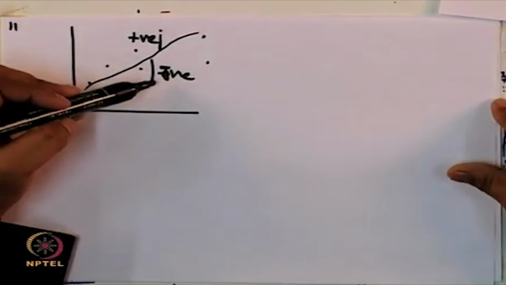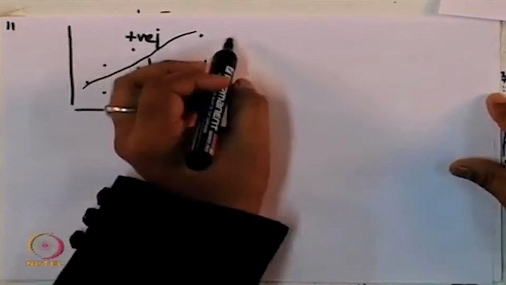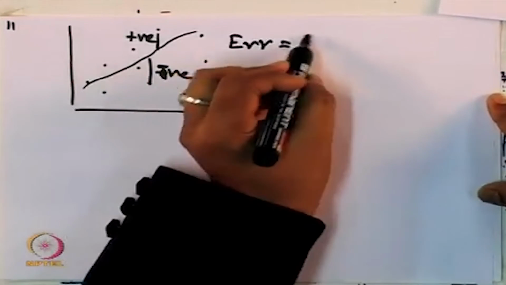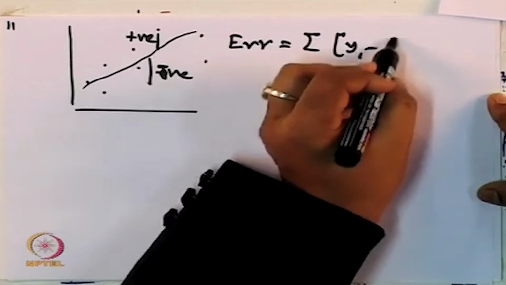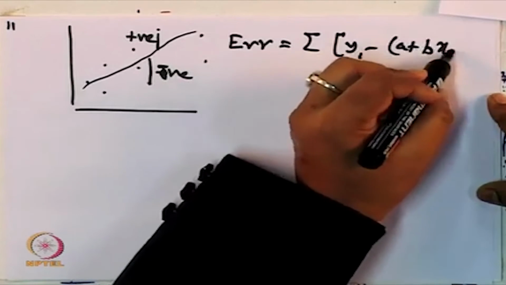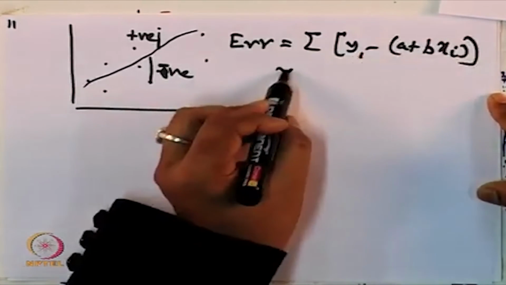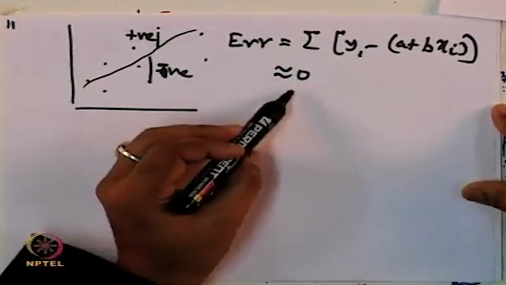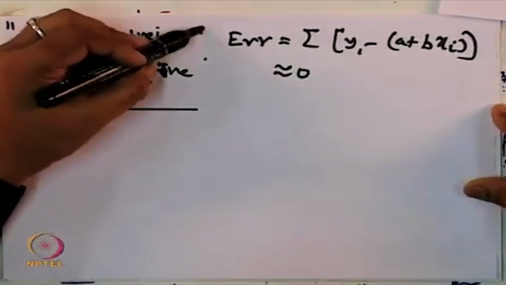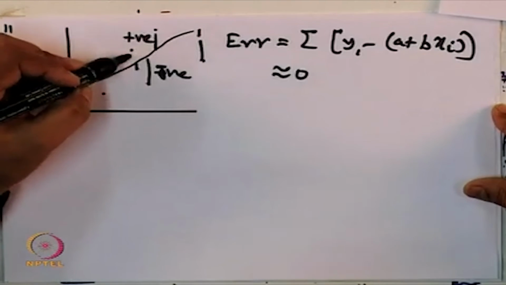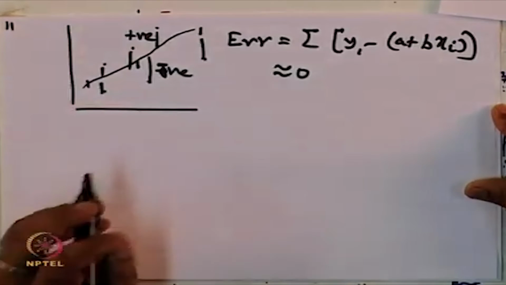So, some errors will be positive and some errors will be negative. If you actually compute the error as the summation of yi minus (a plus bxi), you might get a value close to 0, but this is not what we are minimizing. We are minimizing the sum of each of these deviations from the actual value.